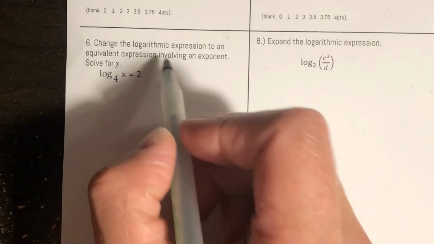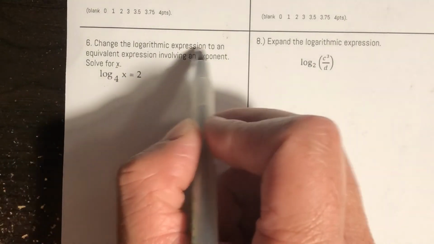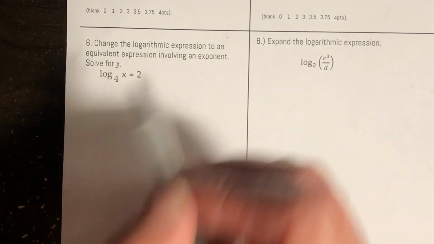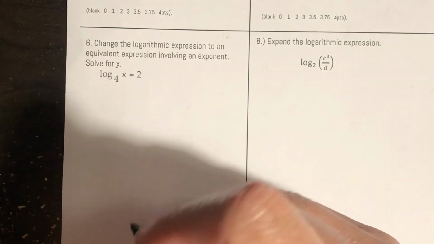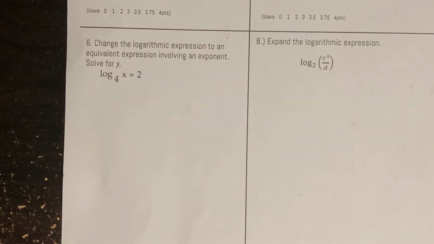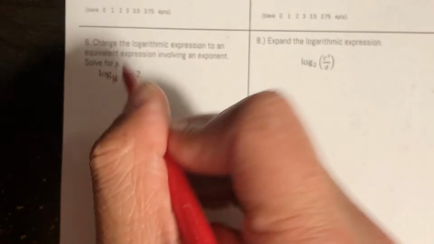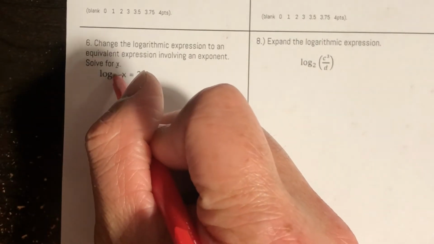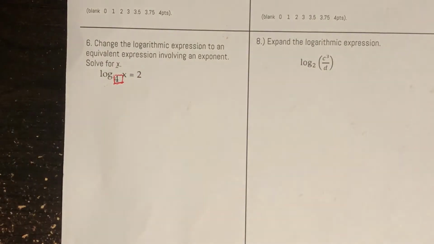Question number 6. Change the log expression to an equivalent expression involving an exponent. So we're going from log form to exponential form. Here's my base. My little story is that it's like young adults, you want to get out of the basement of your parents and grow up, so you become very big.